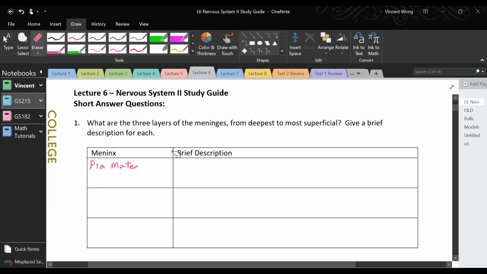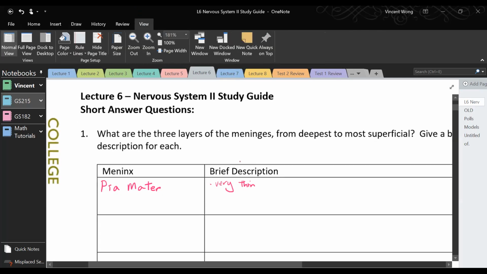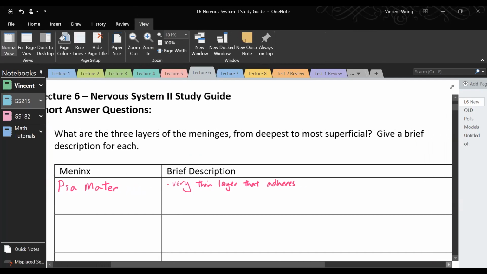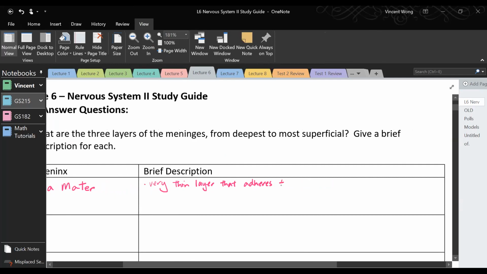Okay, so what is the description of the pia mater? It is a very thin layer that adheres, that means it's stuck to, the brain and the spinal cord. The best way to think about this is like a shrink wrap that goes around something.